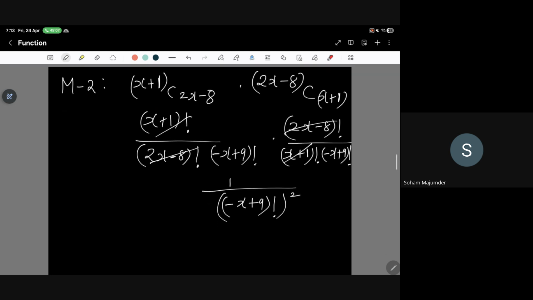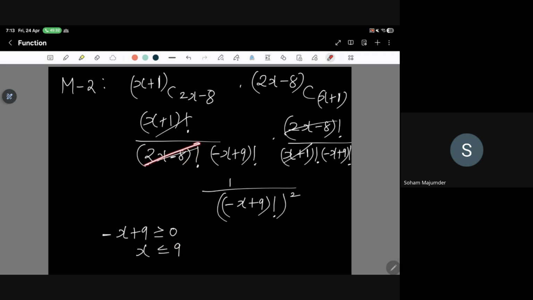So whatever is written in the factorial must be greater than or equal to 0. It means x is less than or equal to 9. Now as per this situation, x can be 8 also, 6 also, 7 also, right? So from here, after simplification, you are not getting the proper value. Why?